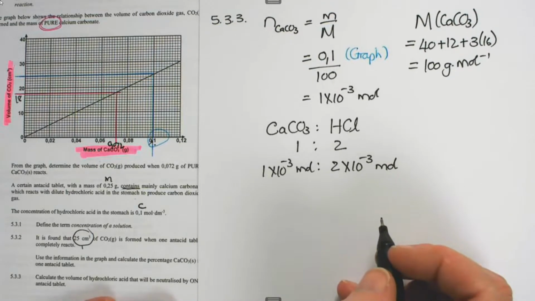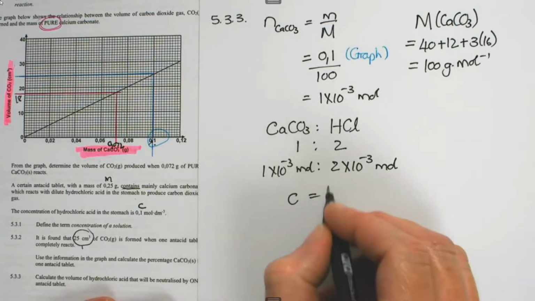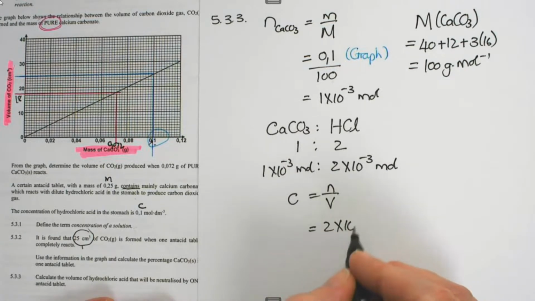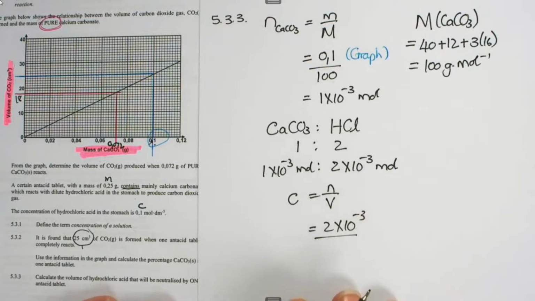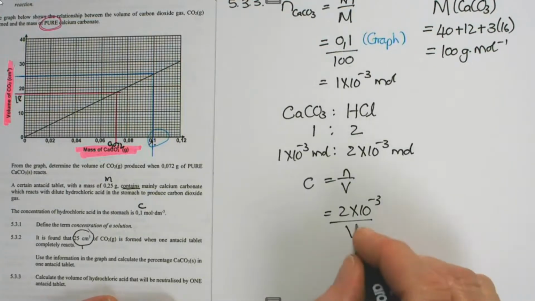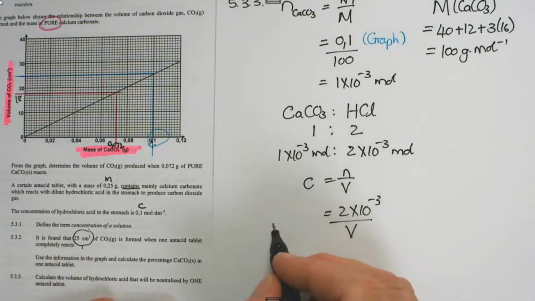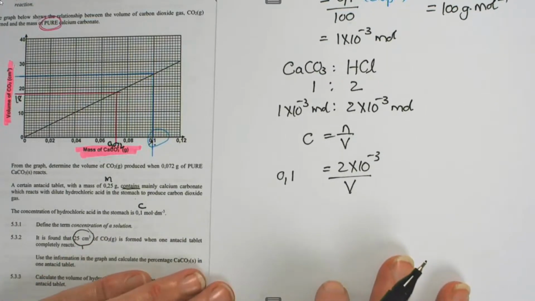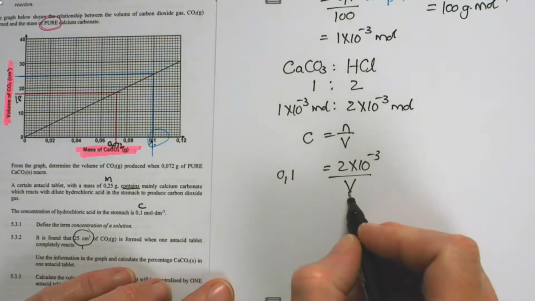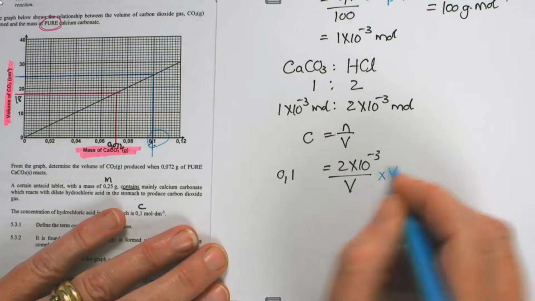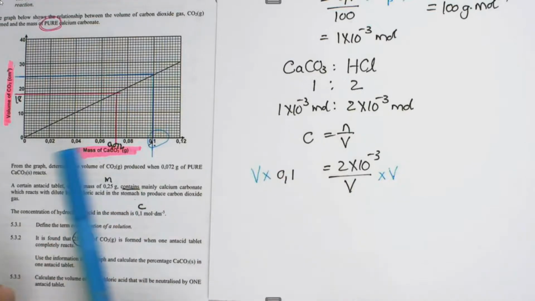So now I have the amount of mol, so C equals n divided by V. 2 times 10 to the negative 3, and they told me calculate the volume, and the concentration in the stomach is 0,1. Okay, now let's do some maths, because all of you don't understand the maths here. What I must do, I must multiply by V on both sides to get rid of the fraction.